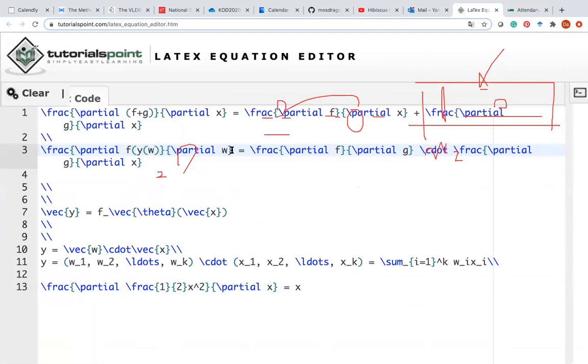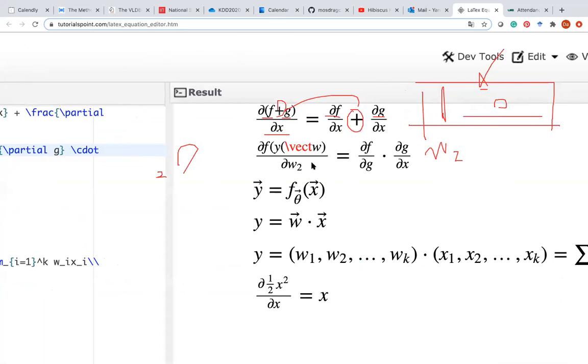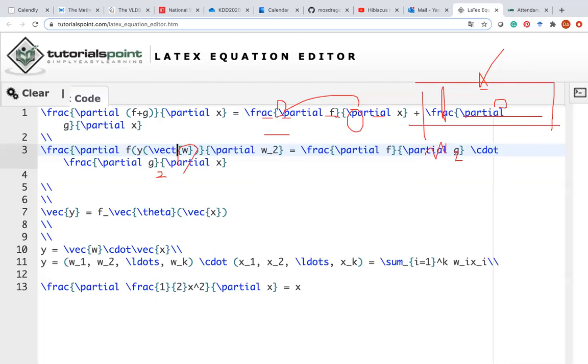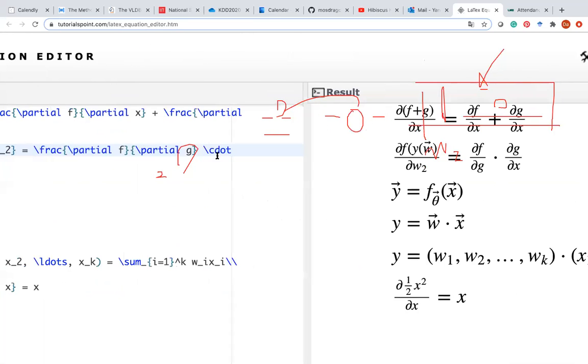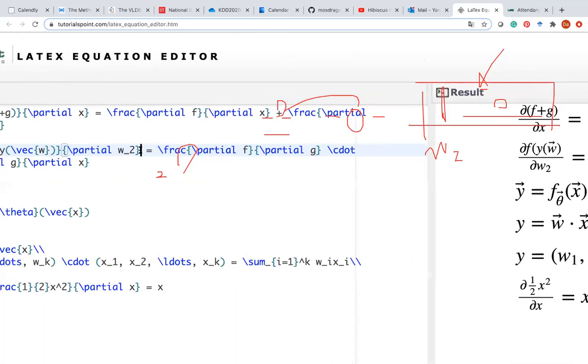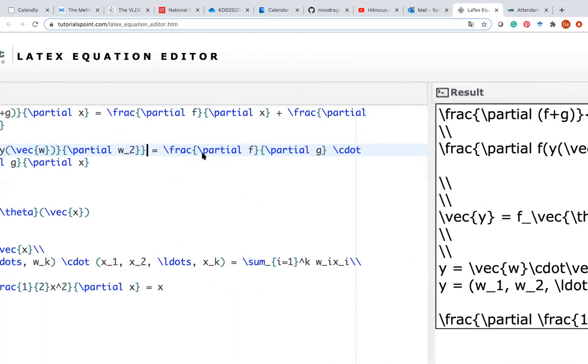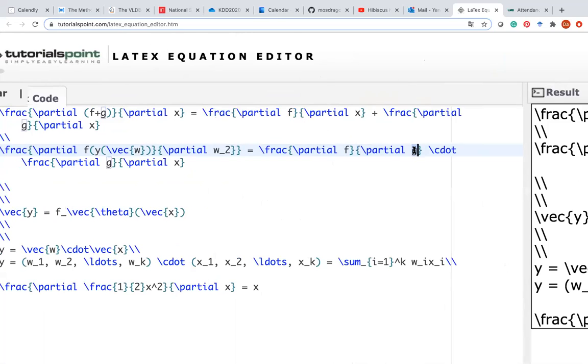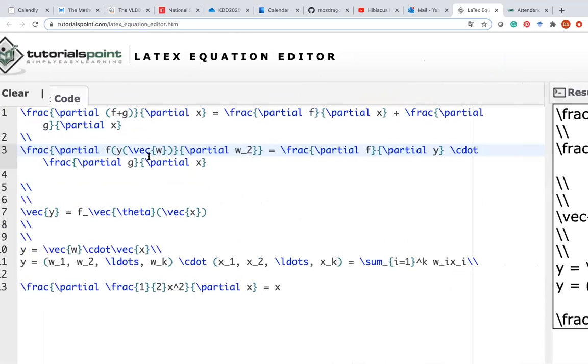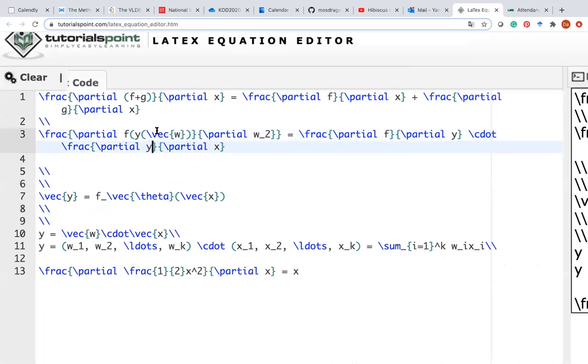So we have w2. Let me finish typing it so that everything becomes clear. Partial to y, and y, take a derivative to vector w, maybe just w2.